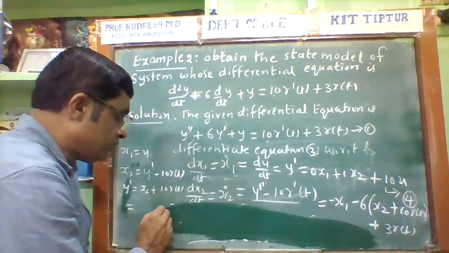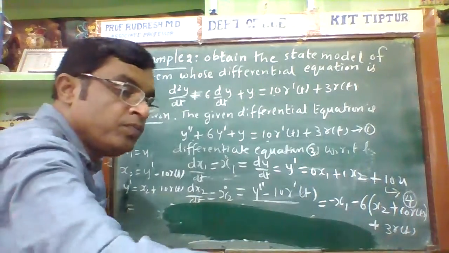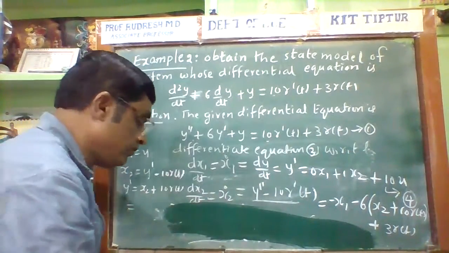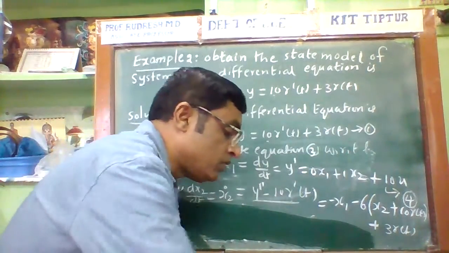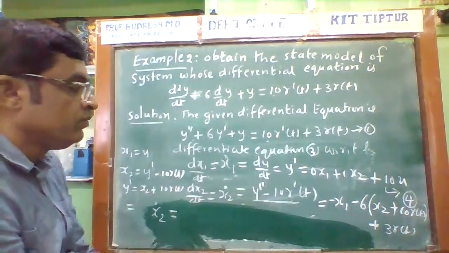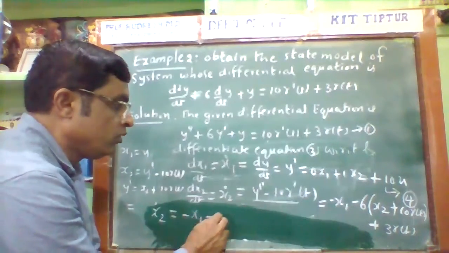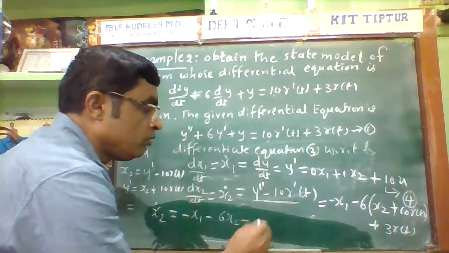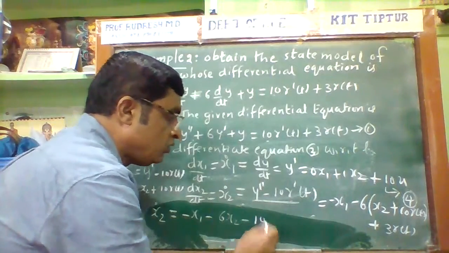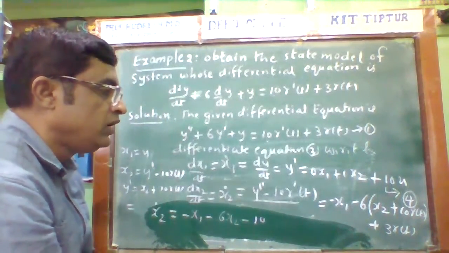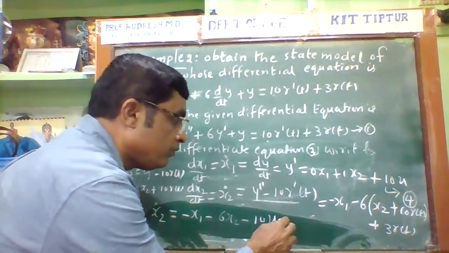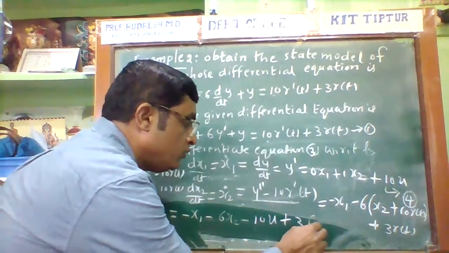Therefore, now what will be the x2 dash? x2 dash is equal to minus x1, minus 6 into x2, minus 6 into plus 10 into u, which is minus 60u, plus 3u.